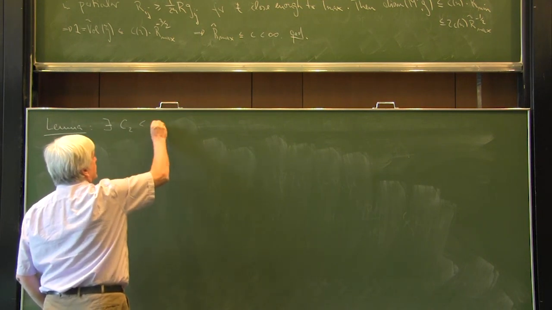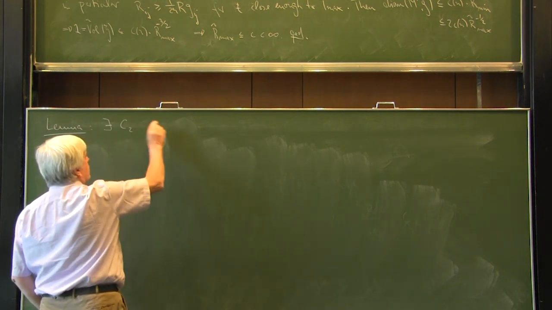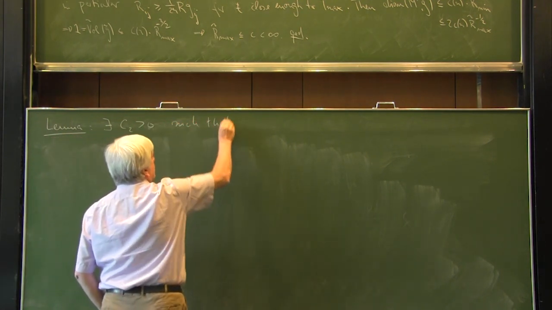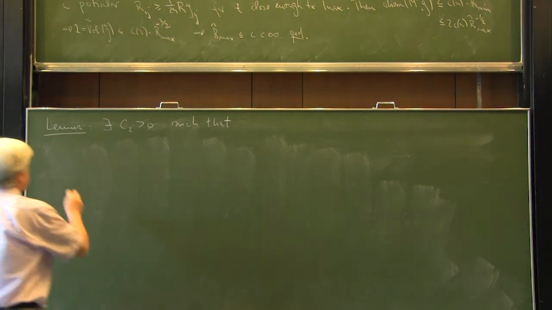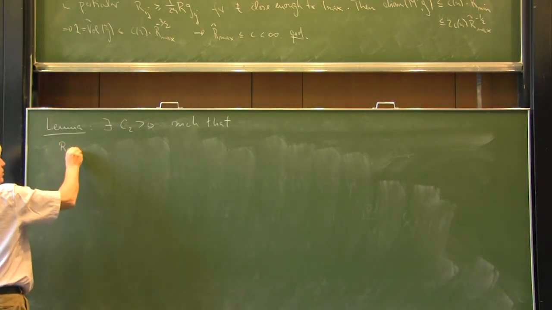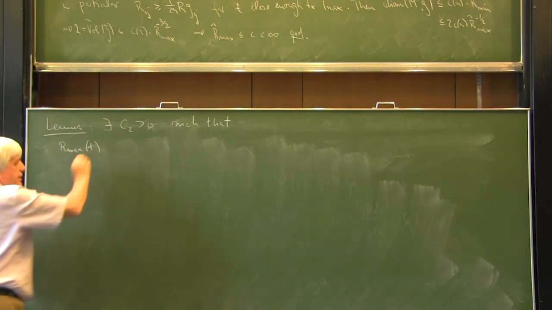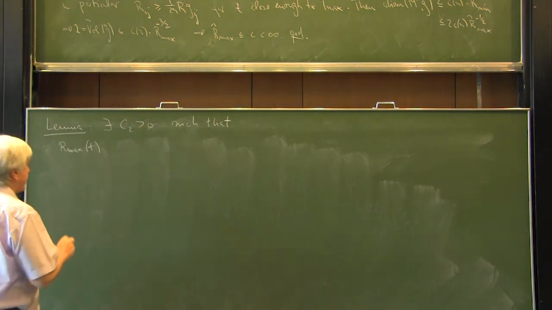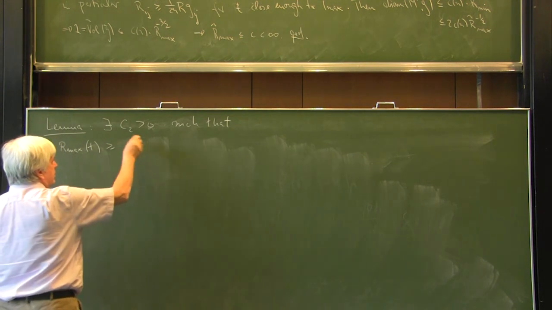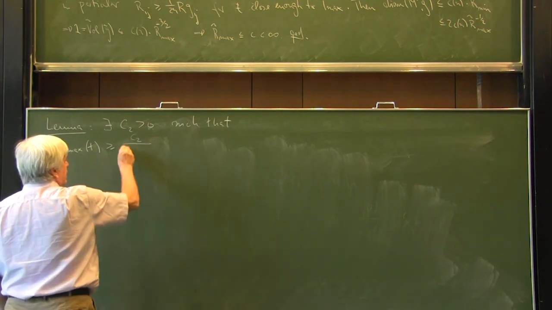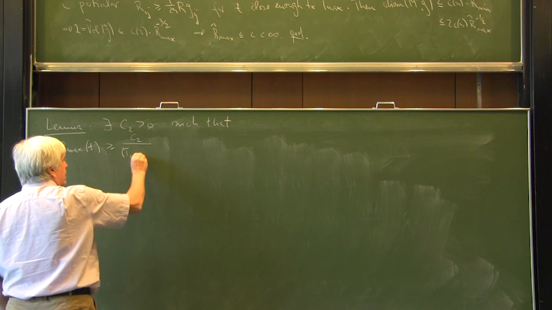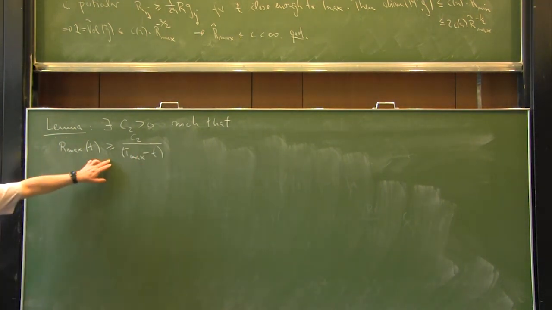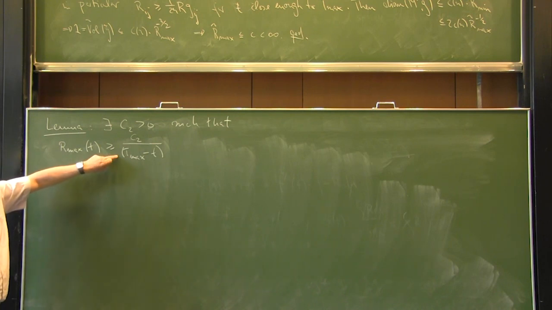bigger than 0, such that the maximum of the scalar curvature at time t without the tilde, before the rescaling, blows up at least with the rate 1 over T max minus T. Remember, this is the blow-up rate that we expect from the sphere.